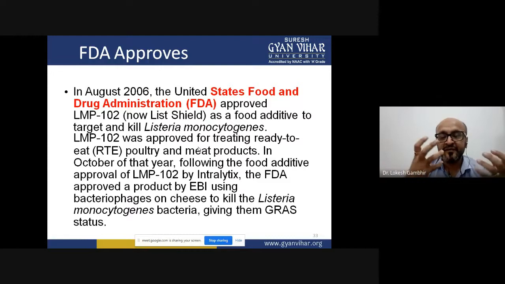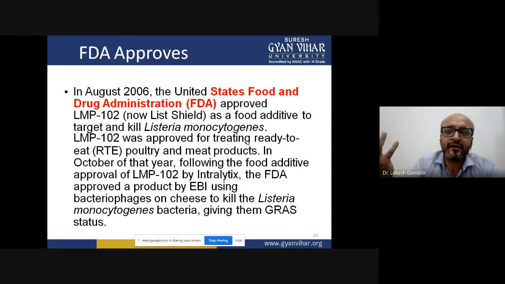After treating with LMP102, they tagged it as ready to eat poultry or meat products. Those meat products are still being treated with LMP102 to kill any presence of Listeria monocytogenes. Later that year, in October 2006, another approval for LMP102 was given.